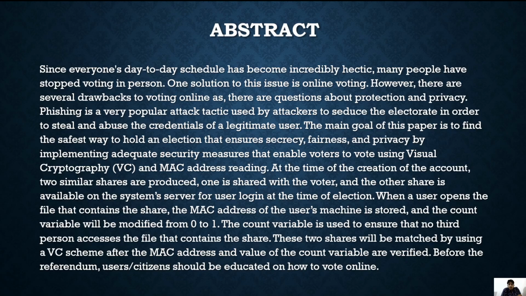The count variable is used to ensure that no third person accesses the file that contains the share. These two shares will be matched by using a VC scheme after the MAC address and value of the count variable are verified for the referendum.